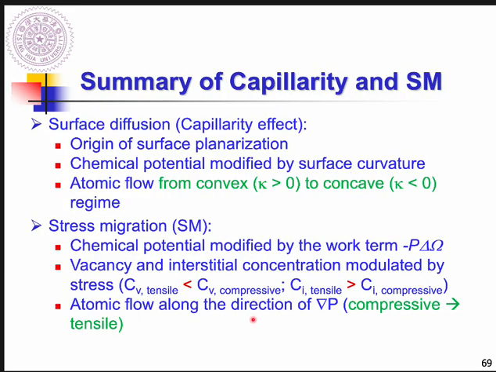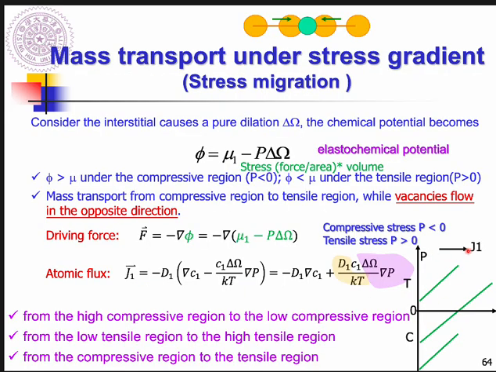And the atoms flow along the direction of the stress gradient, which means from the compressive to the tensile region. Some people don't understand this. The atoms move along the stress gradient, because this minus this one is positive.